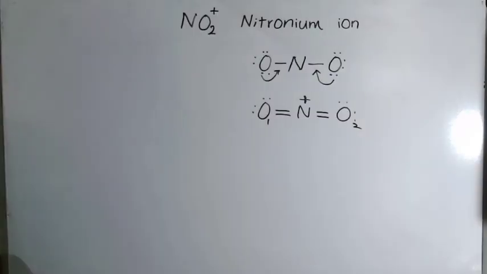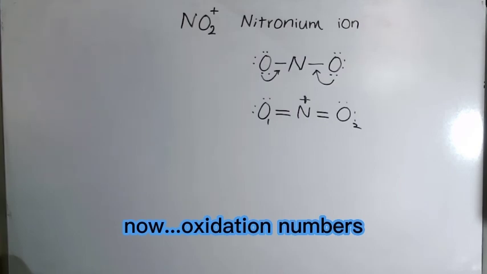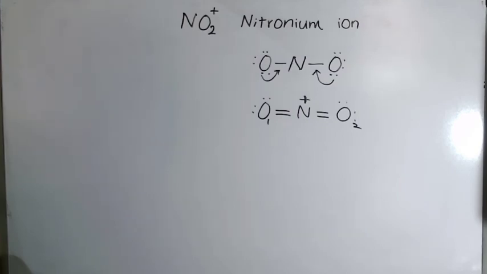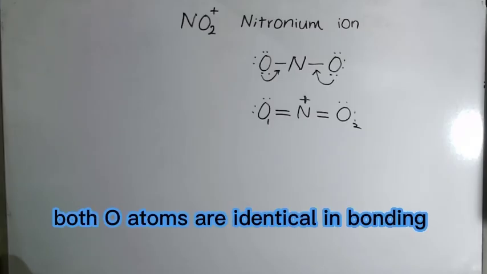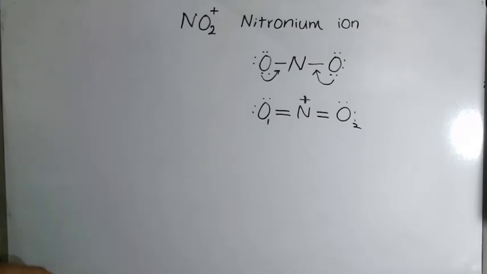Now we can consider the oxidation numbers of these 3 atoms. Oxygen atoms number 1 and 2 have the same bonding configuration, so they should have the same oxidation number. Oxygen is more electronegative than nitrogen, so the oxygen atom can withdraw the electrons in that double bond towards itself.